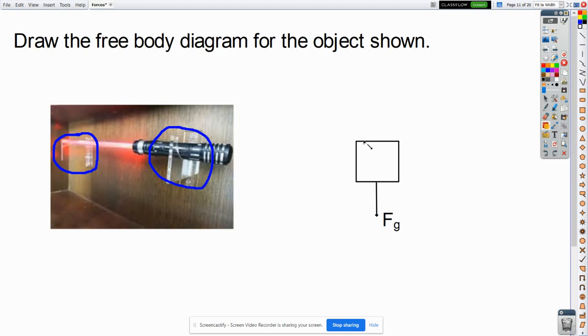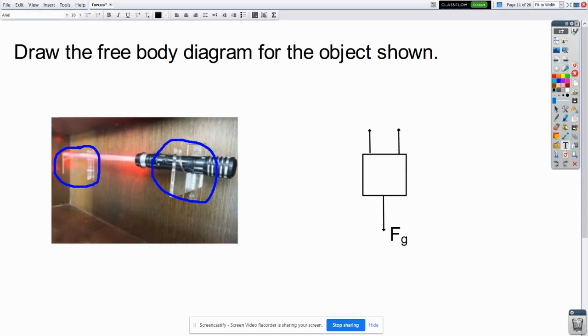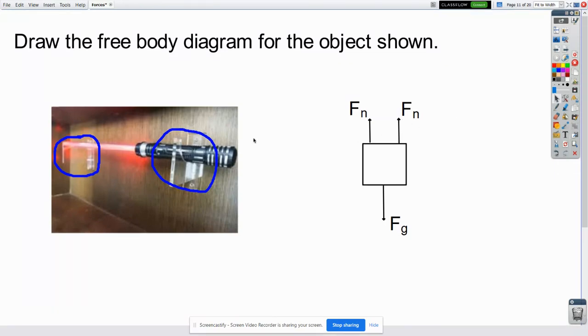Those brackets are producing upward forces to counteract gravity, and it's sitting on the surface of that bracket, so they are both normal force, F sub N. So we have one force of gravity, because there's only one Earth. We have two normal forces counteracting the gravity, one from each of these brackets that are holding it up. And that's it. Stationary objects are relatively easy to draw.